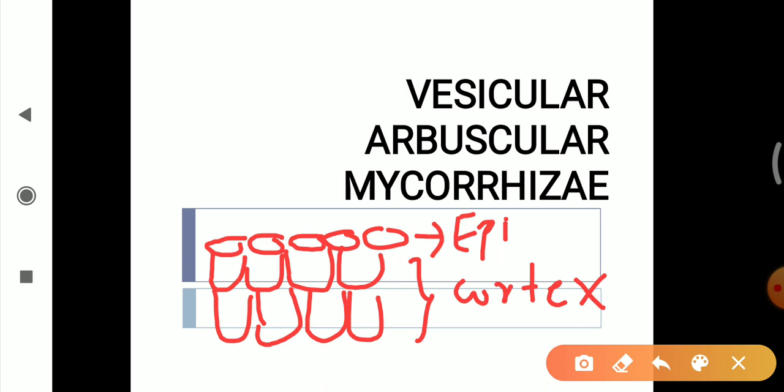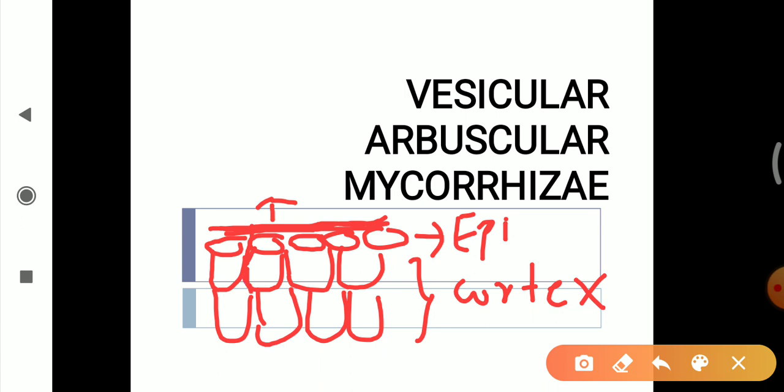The ectomycorrhiza forms a layer-like structure, or sheath, over here, known as the pseudoparenchymatous sheath. On the root, the fungi first form a sheath, and from this sheath they penetrate between the cells of the root cortex.